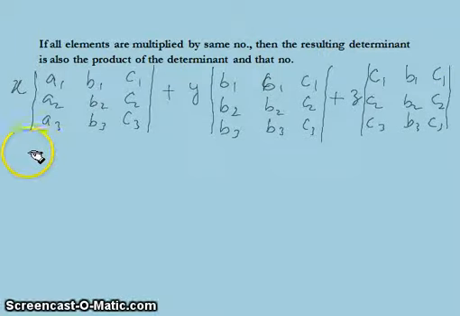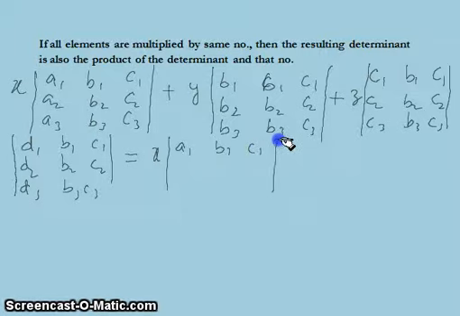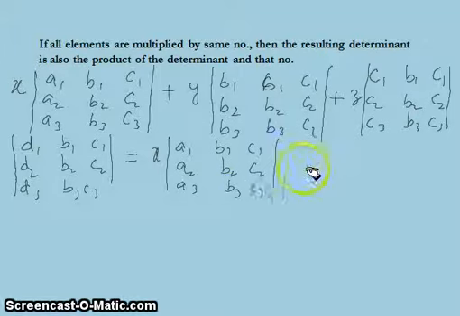Now, as we wrote earlier, this value is equal to the determinant d1, b1, c1, d2, b2, c2, and d3, b3, c3. That means this determinant is equal to x into the determinant a1, b1, c1, a2, b2, c2, and a3, b3, c3.